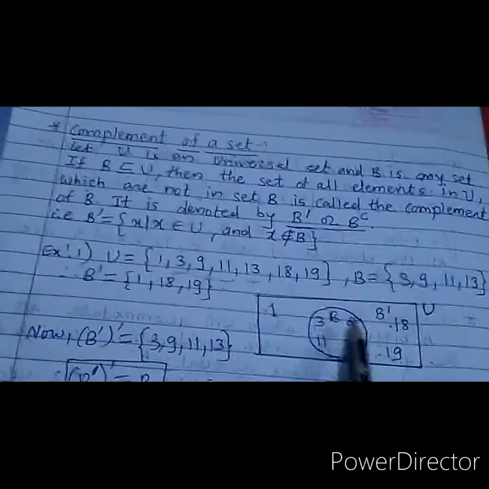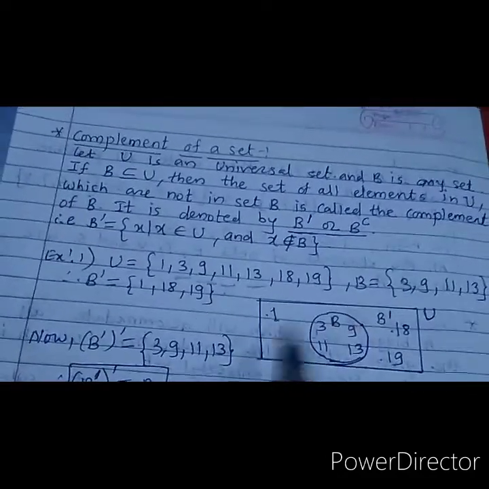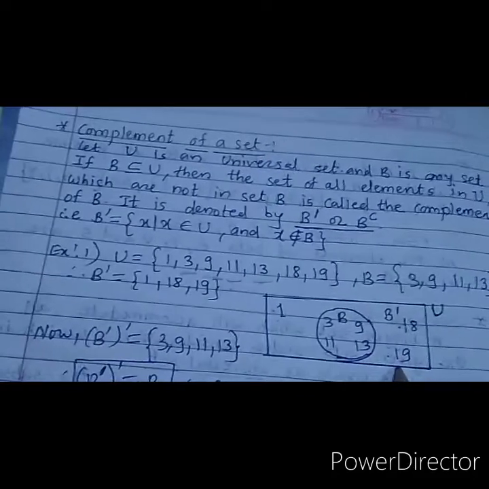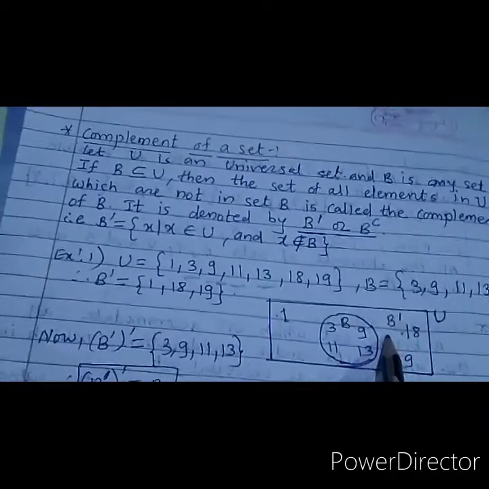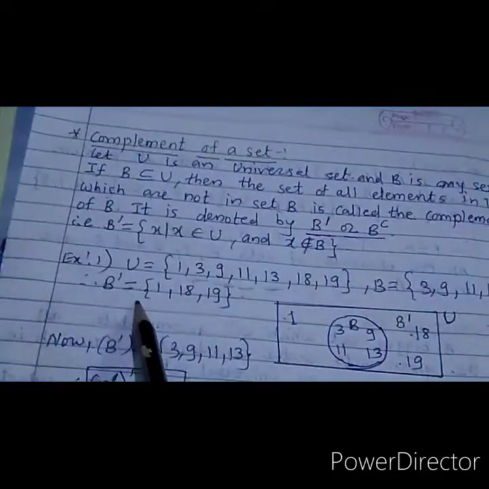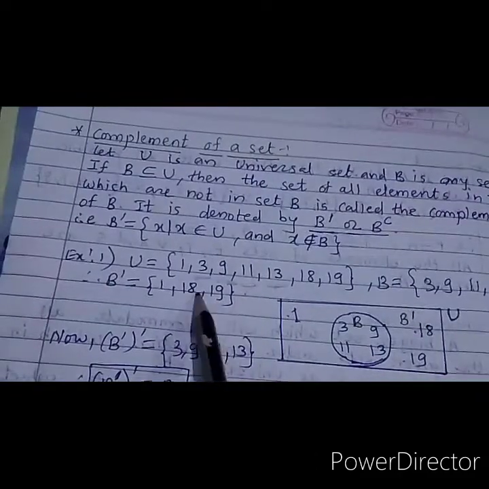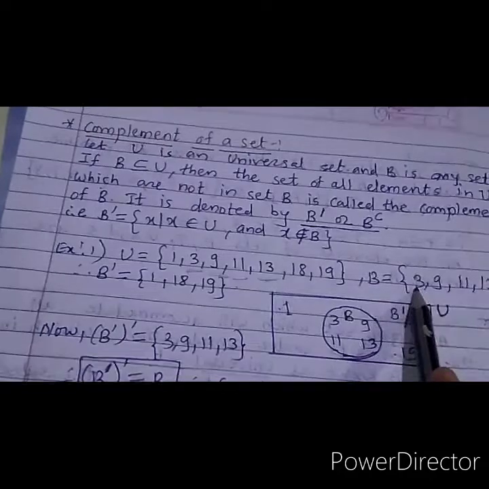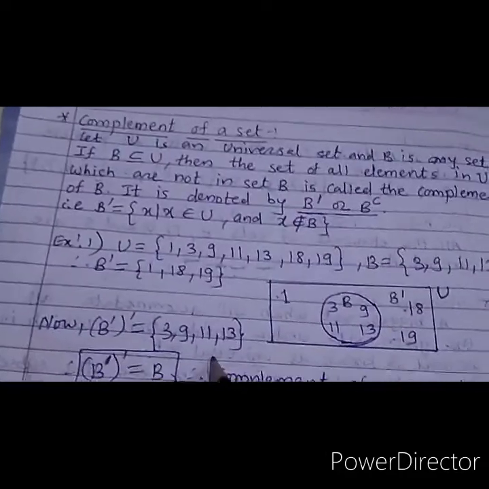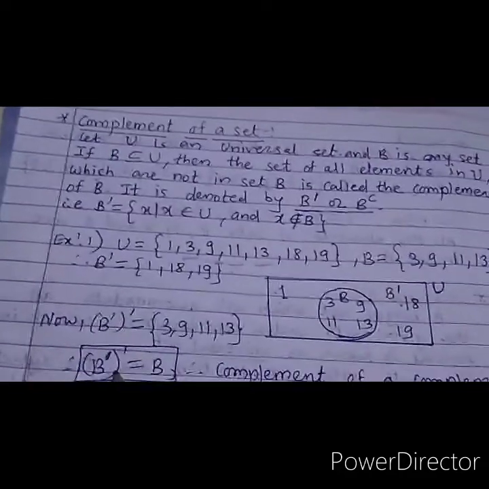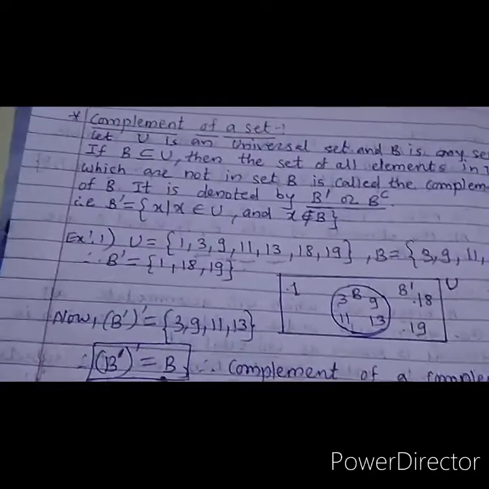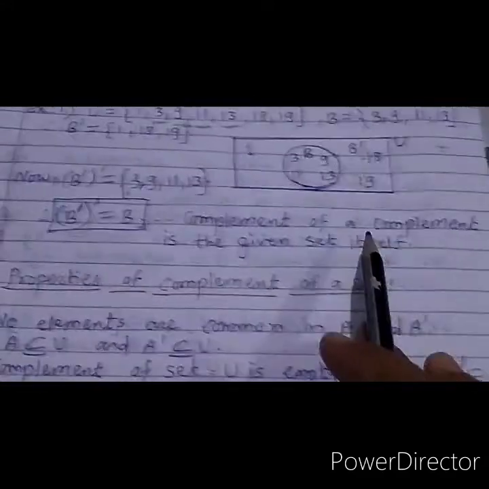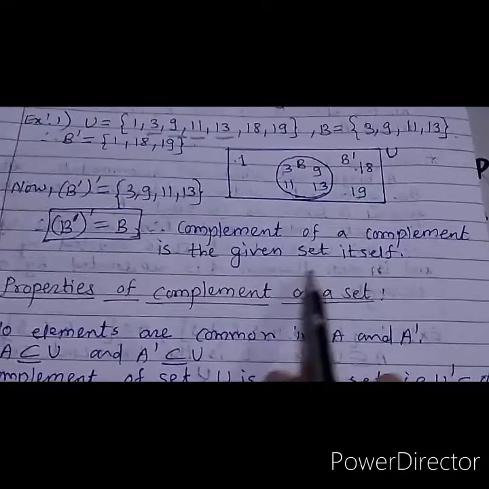Now the remaining elements, that is 1, 18 and 19, are the elements of the complement of set B. Now again we have to take the complement of set B. Except these elements, the remaining elements are 3, 9, 11, 13, that is set B. So the complement of the complement of B gives set B. Therefore here we can say that the complement of a complement is the given set itself.